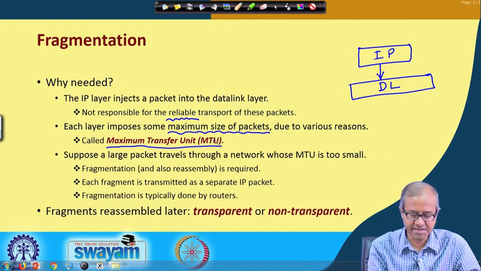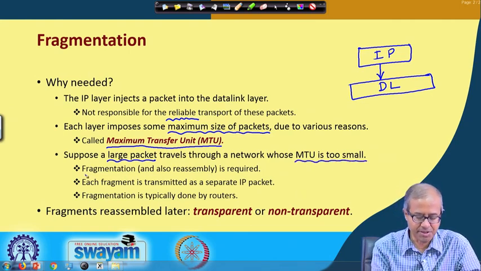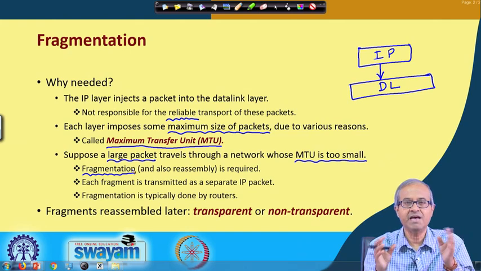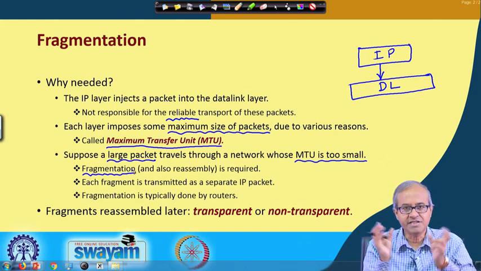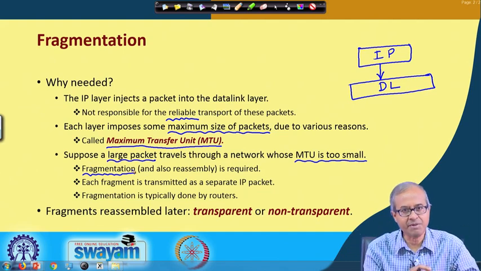So, as I had said, suppose I have a large packet and it is trying to flow through a network where MTU is rather small. So, what will happen? There will be a process called fragmentation which will take place, where the packet will be broken up into smaller packets, and somewhere later the smaller packets will have to be put together again to get back the original packet.